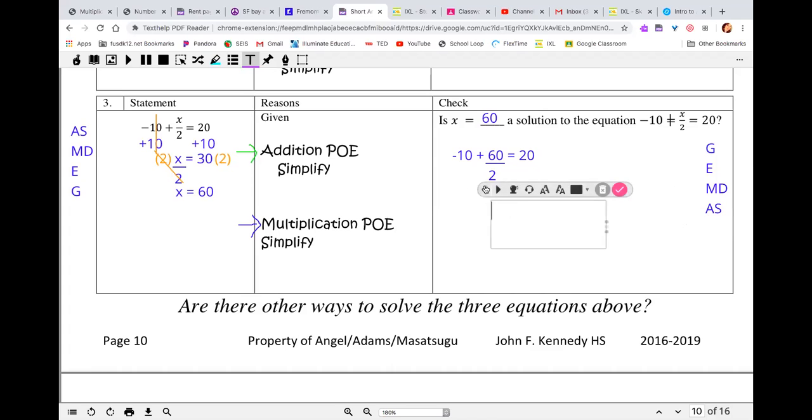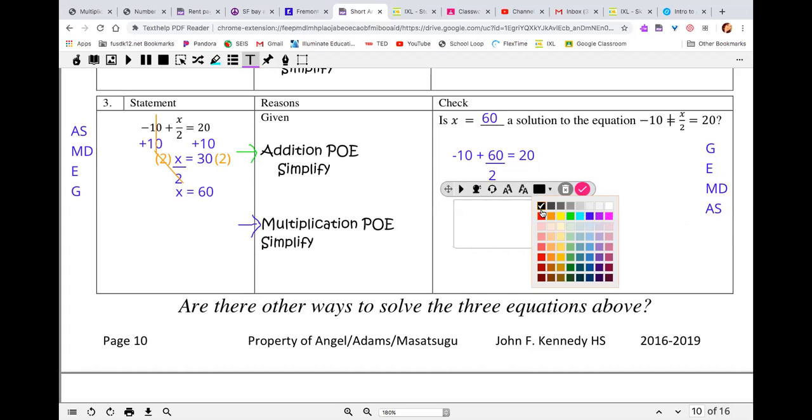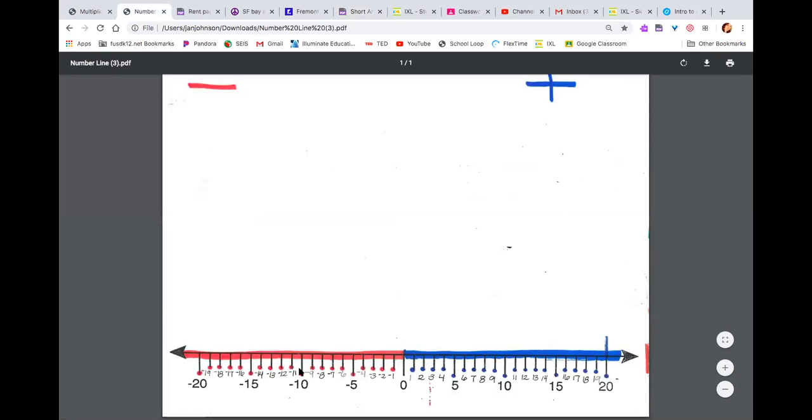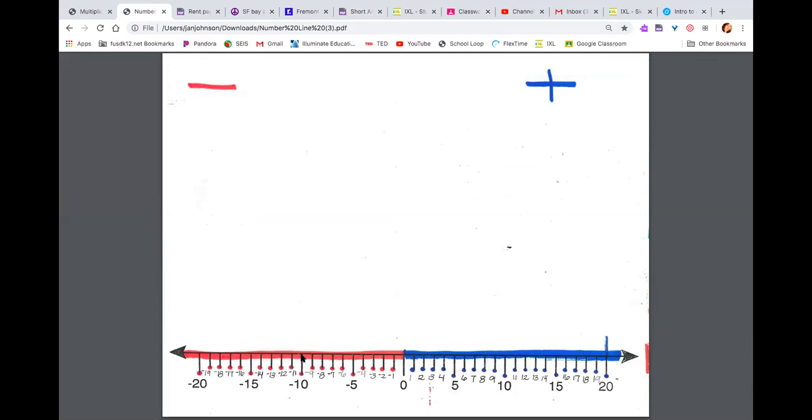So write my simplified problem here. -10 plus 30 equals 20. Okay. Now I have -10 plus 30. So I start here at -10 and I'm adding 30.